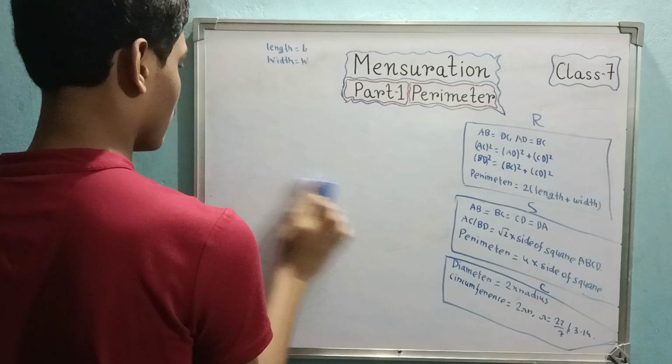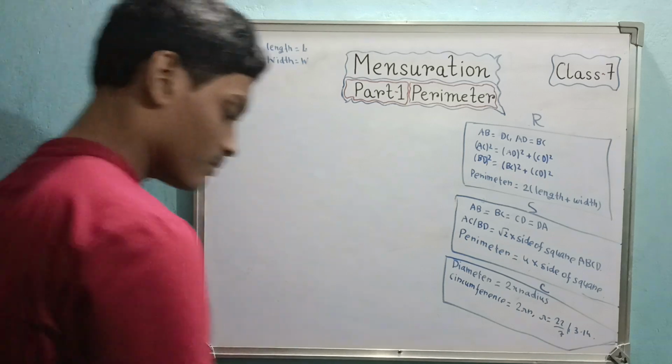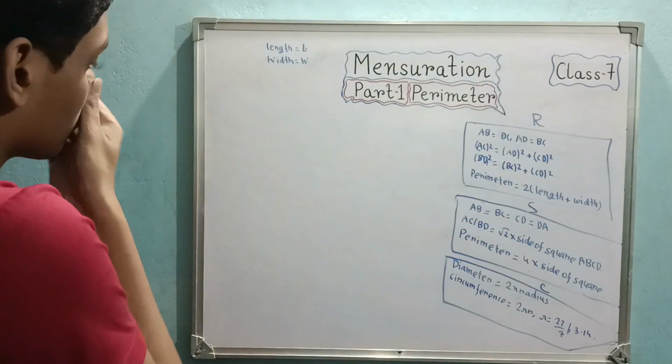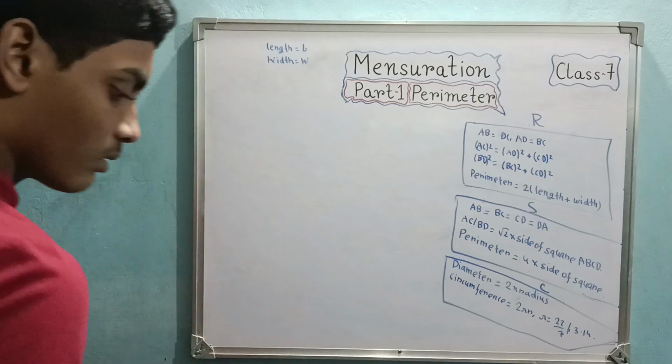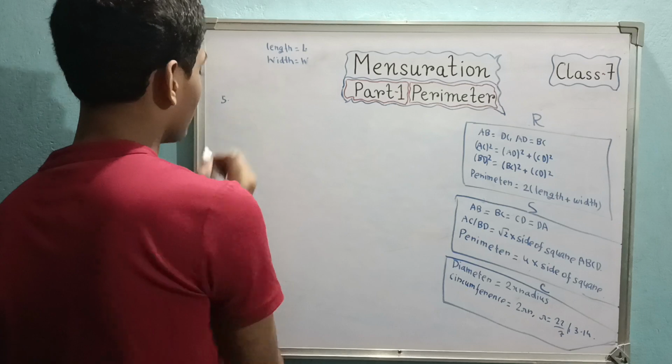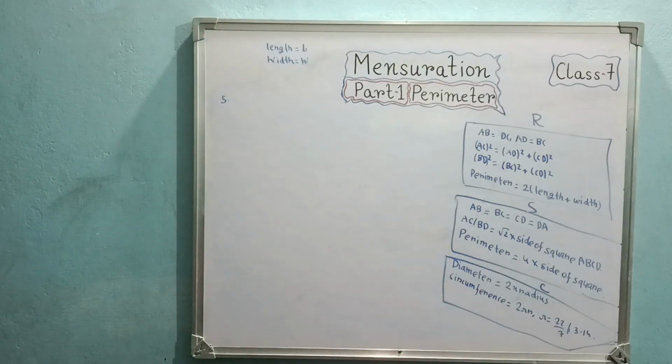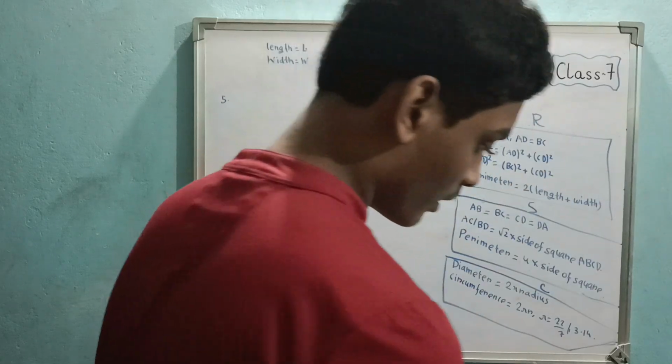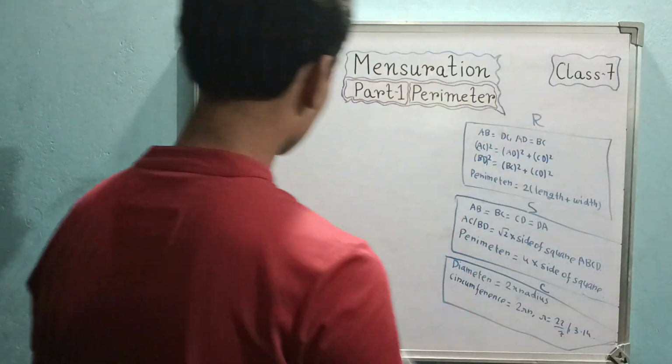Mensuration. Let's proceed. Question 5. Radius of a circle is 21 centimeters.